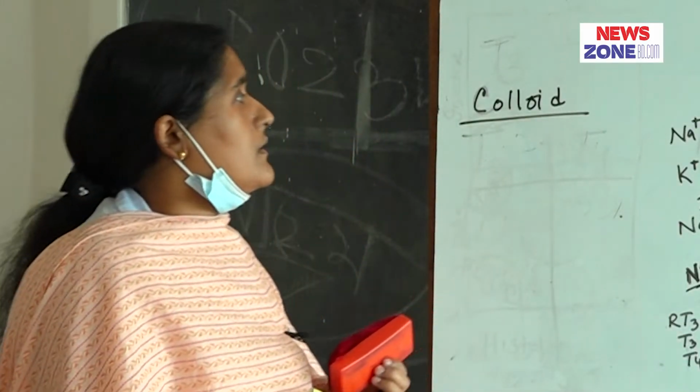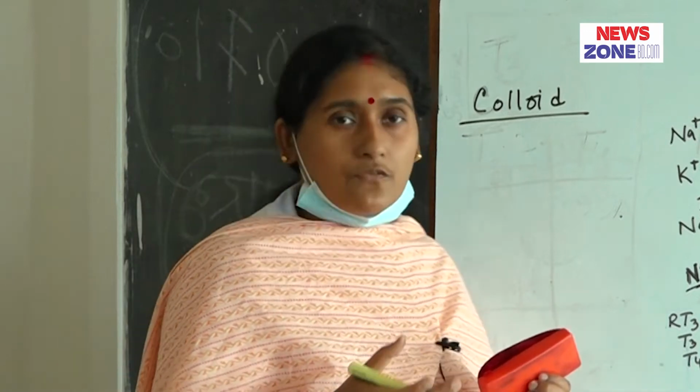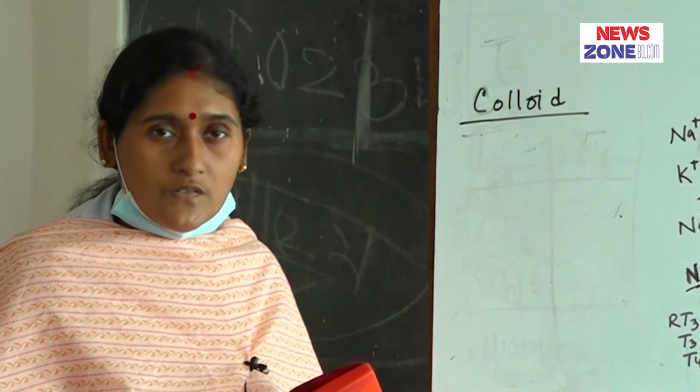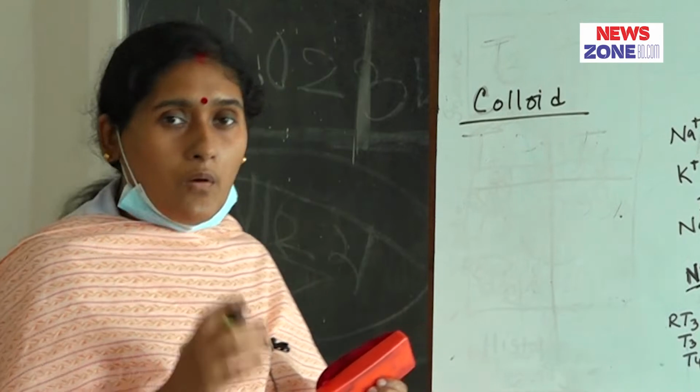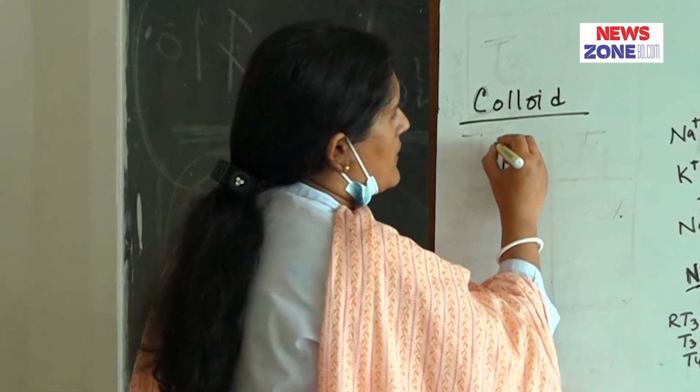Previously I told that the thyroid gland contains follicles, and within the follicle there is colloid, and the major component of the colloid is thyroglobulin.